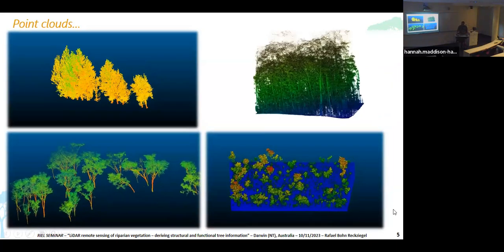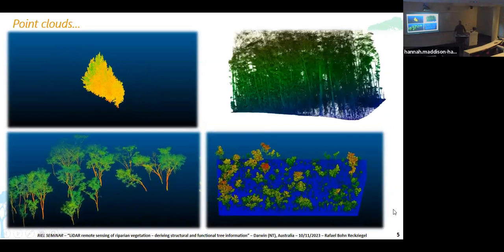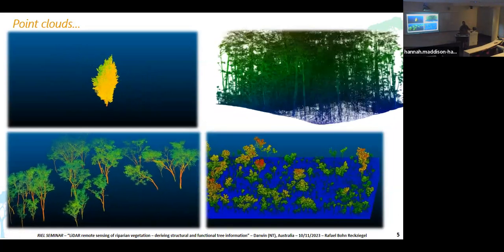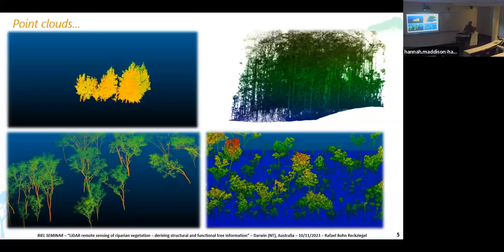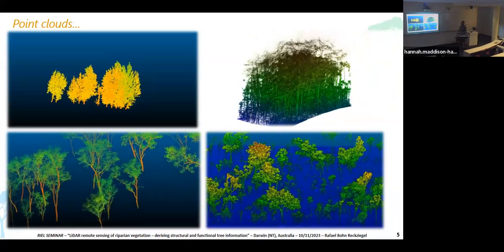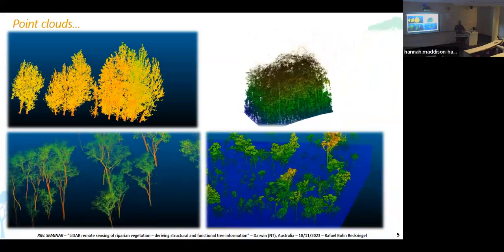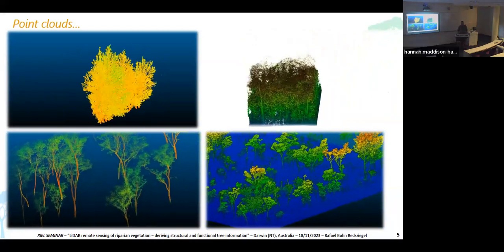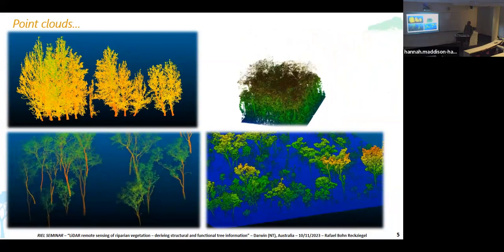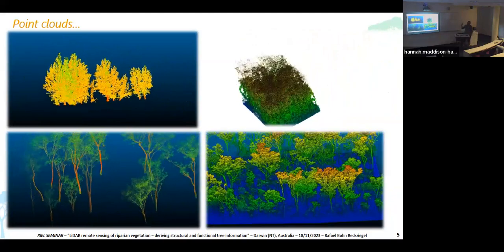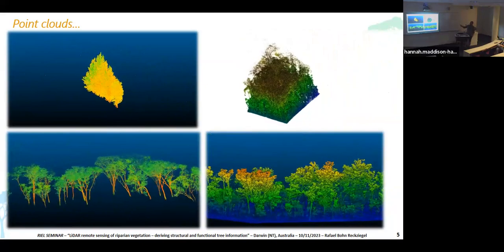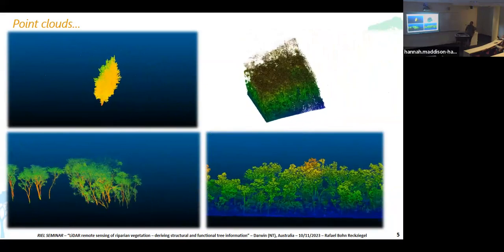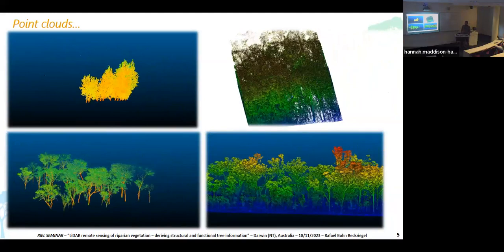But in fact, we have now technologies to perceive those structural differences. And here now you are introduced to 4 different point clouds. So if my talk is not that worth it, at least you saw 4 nice point clouds derived from, on the left, terrestrial LiDAR platforms. The upper corner on the right, it's mobile laser scanning.